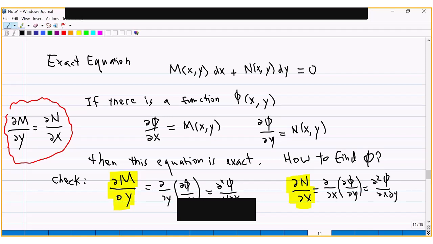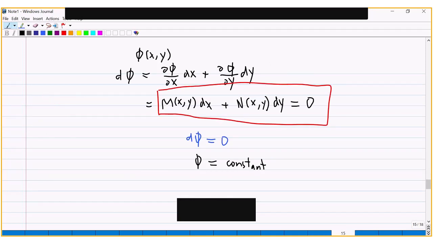Why? Because when you do partial differentiation with respect to x and y, or with respect to y and x, they make no difference. So if this is the case, you have an exact equation, M(x,y) dx plus N(x,y) dy equals 0. That means that this is a constant.